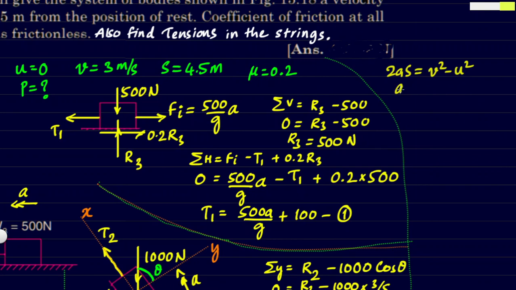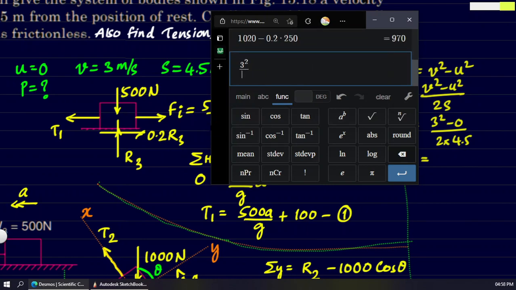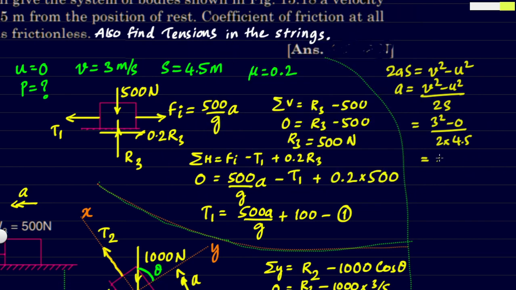Except for a, all the other values have been given. So let us substitute and find the value of acceleration. We get the acceleration as 3 square minus 0 divided by 2 times 4.5. We get that value as 1. So acceleration here is 1 meter per second square.